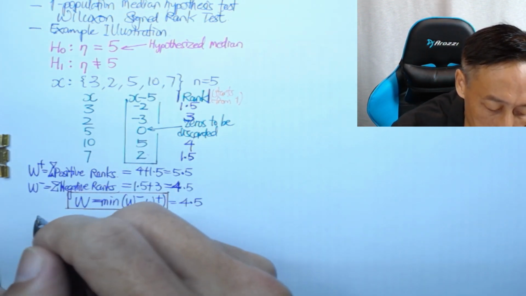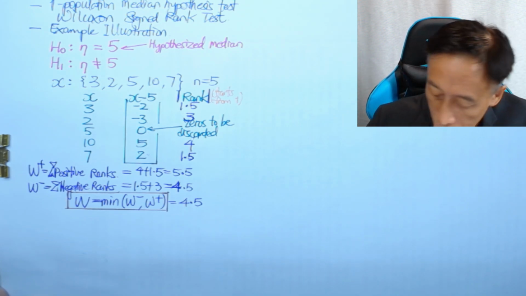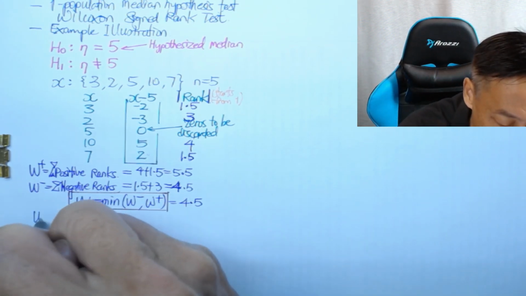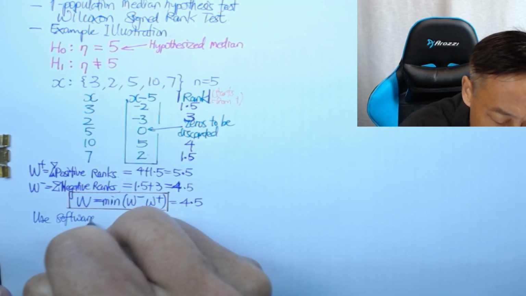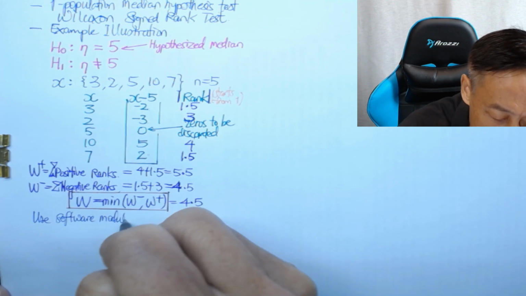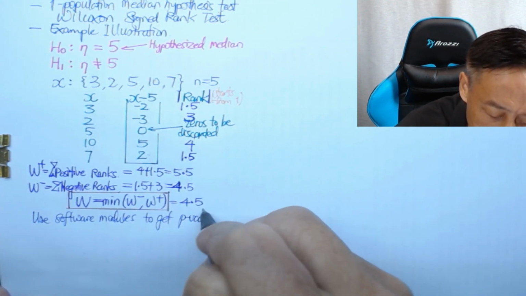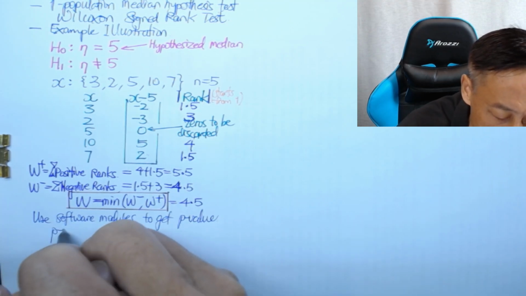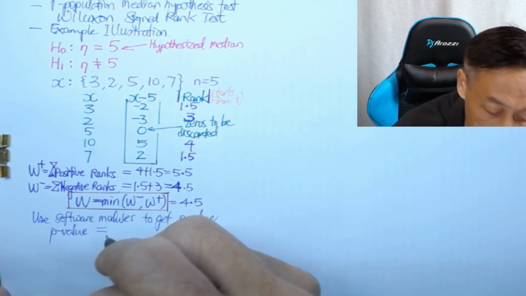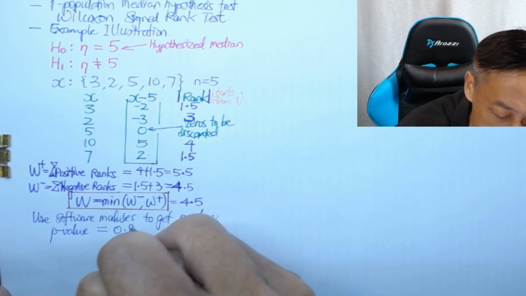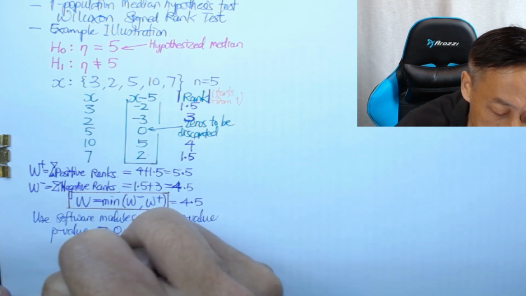So use software modules to get the p-value. The p-value here is what I got, 0.8539.